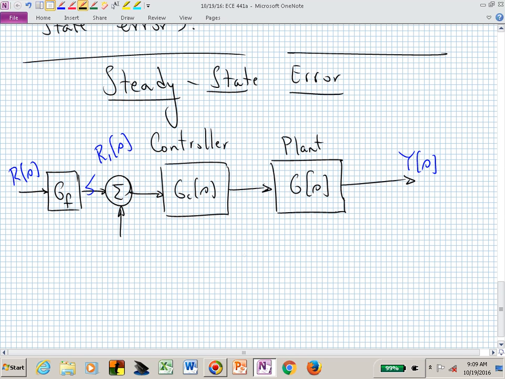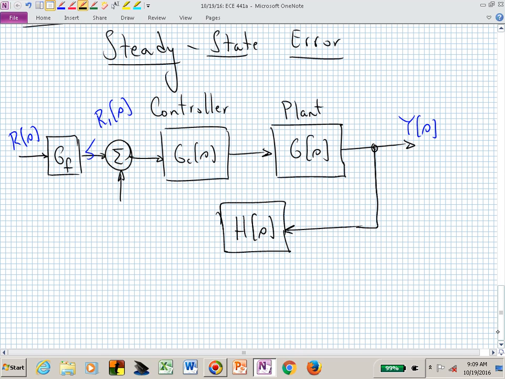And we could also have some feedback dynamics. A transfer function that now might be adjusting, possibly relative to frequency content, and that's why I'm calling it feedback dynamics. It may be more than just a constant.